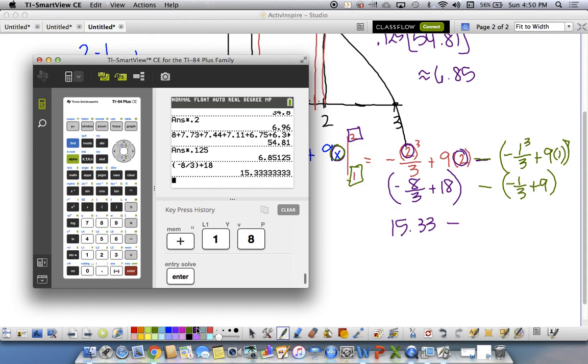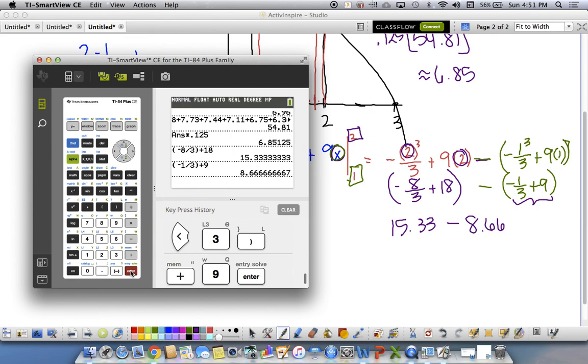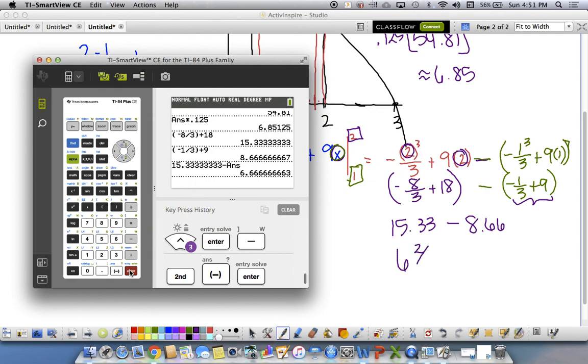Minus, this right here is really just 8 2/3 technically. 8.666, but I'll go ahead and put it in my parentheses. Negative 1/3, not 1/2, 1/3, plus 9. Gives me 8.66. Okay, so now I need this first number minus the second number, and I get 6 2/3.